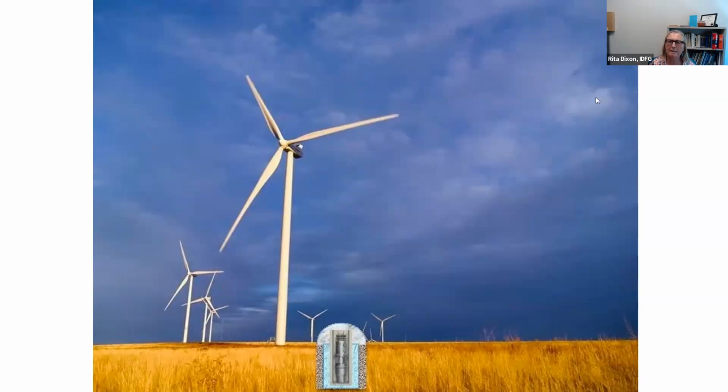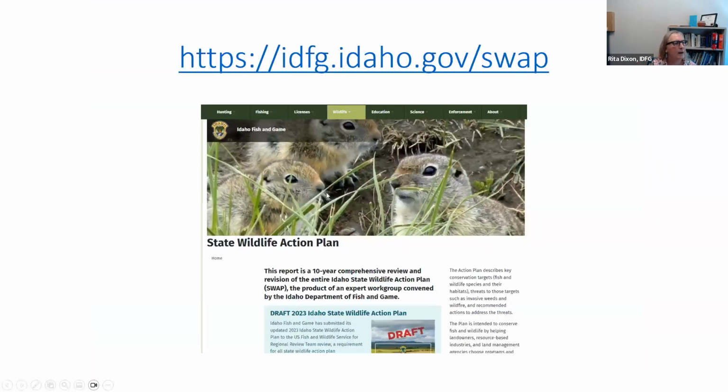And so we need to think about it not only in the context of direct mortality from turbine strikes or from the footprint, which is how we often think of it, but it can also disrupt movement for certain species.